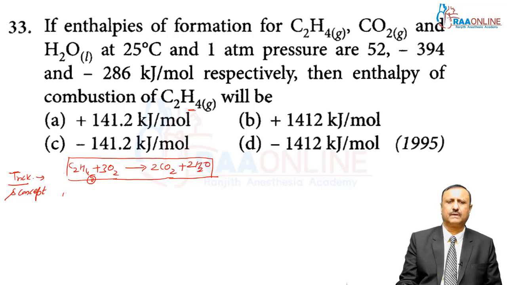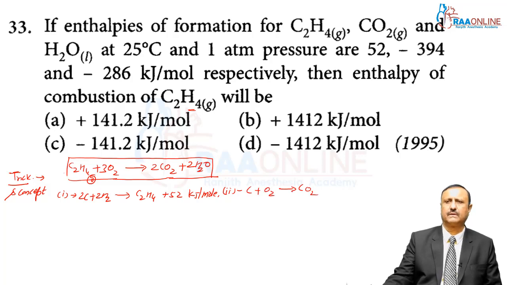Now, my dear students, number 1 is the enthalpy of formation of C2H4, meaning 1 mole of C2H4 is formed from its constituents, 2C plus 2H2, and the enthalpy of formation is 52 kilojoule per mole. Number 2 is the enthalpy of formation of CO2: 1 mole of carbon dioxide is formed from carbon plus oxygen, and you get minus 394 kilojoule.